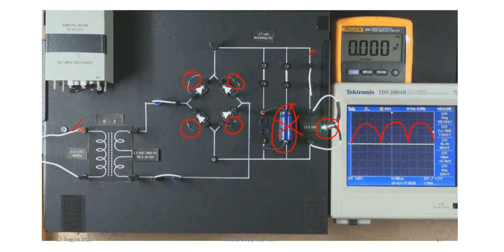Okay, so now if you add the capacitor, then what will you see? If you add the capacitor, then you will see this kind of a relatively smoother voltage. Okay, so these are the characteristics that we generally observe in an oscilloscope.